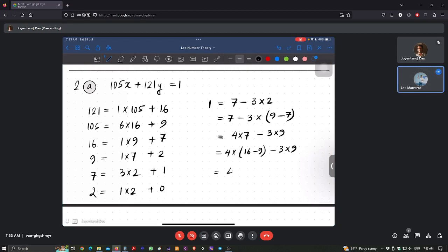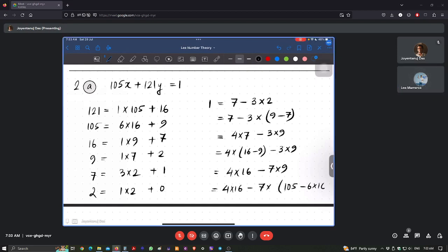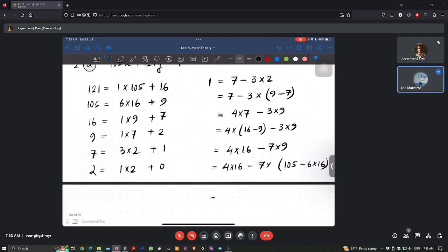So 7 times 6 is 42, plus 4 is 46. So 46 times 16 minus 7 times 105.